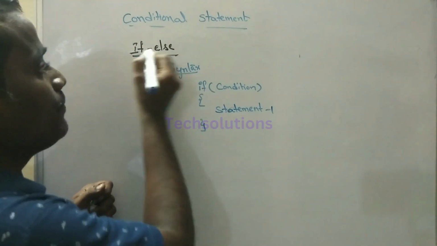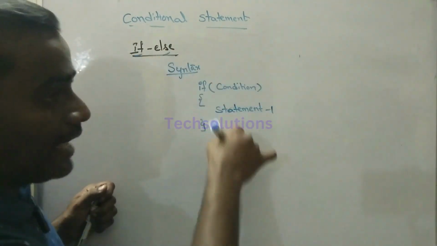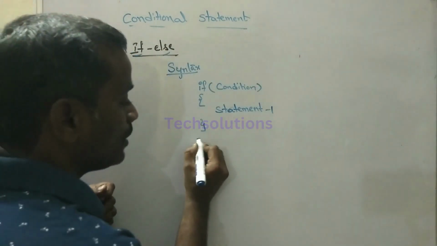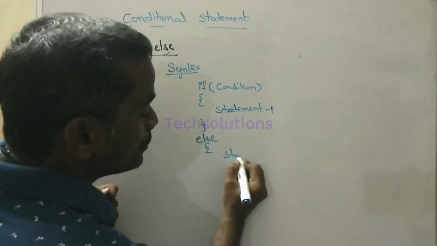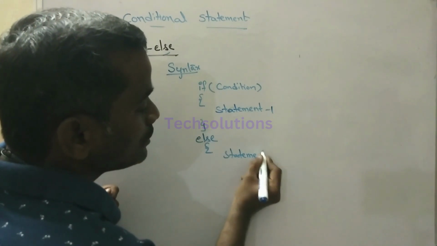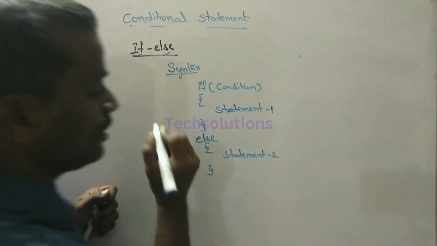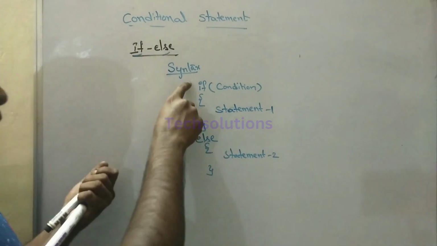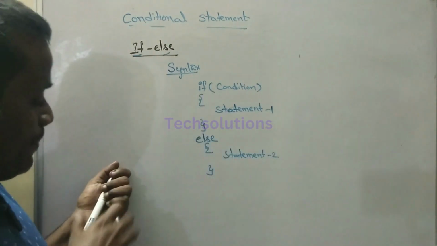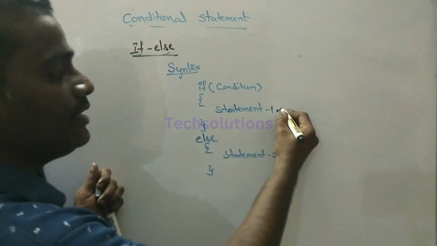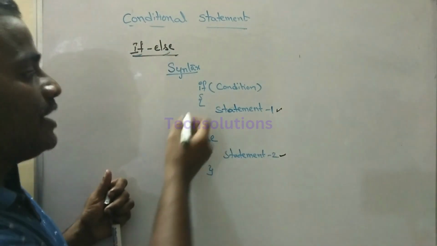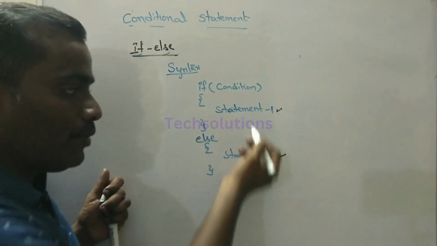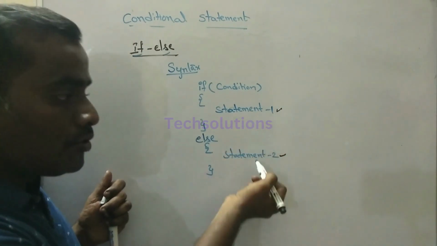That means the else, which is the second option we have. Now I can execute statement 2. Clear? If it is true, I execute statement 1; if it is false, I execute statement 2. In the if else statement, I have two options, either statement 1 or statement 2, which I choose depending on the conditions.